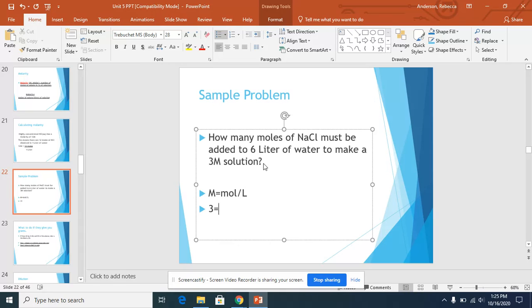Well, we don't know the number of moles, so I'll put X divided by liters, which is 6. So since 6 is being divided, in order to do that math, you'll multiply by 6 to get rid of it. So 3 times 6 is 18. So it'll be 18 moles of NaCl.